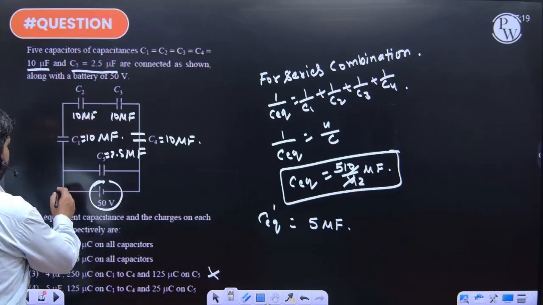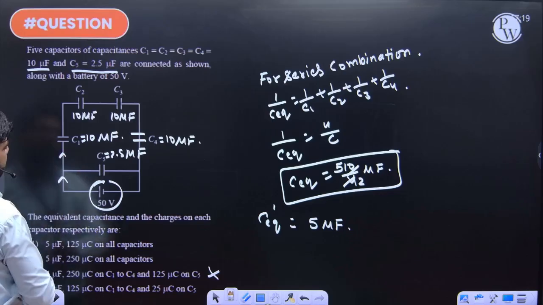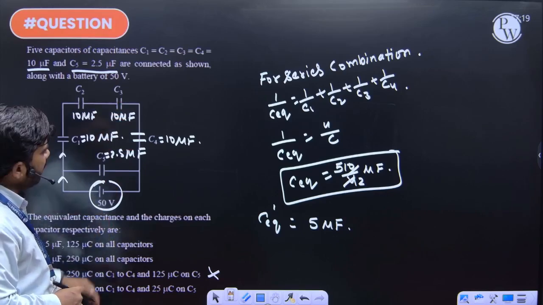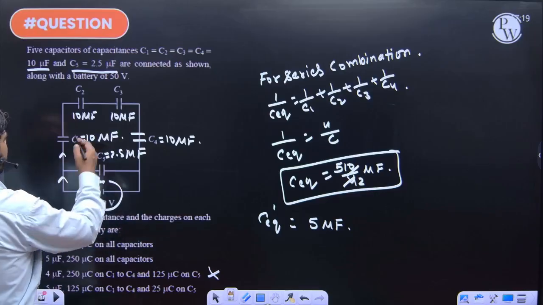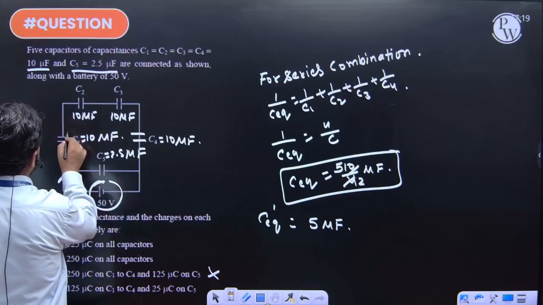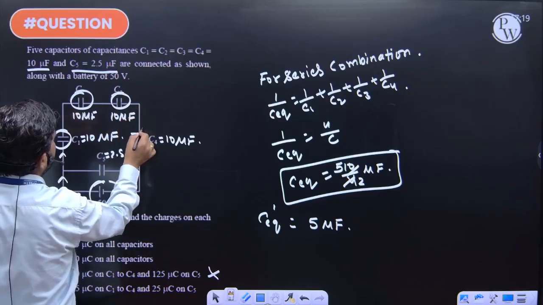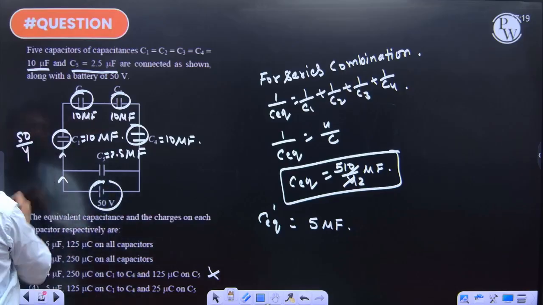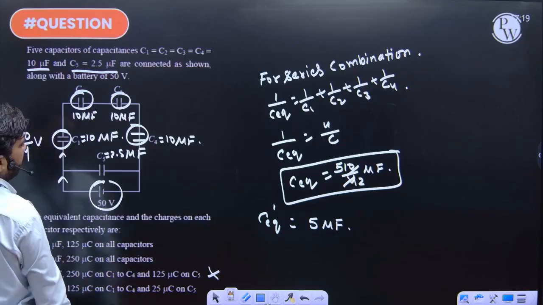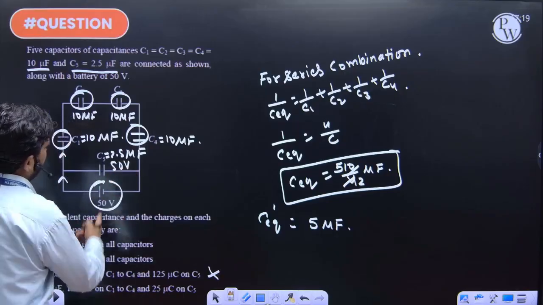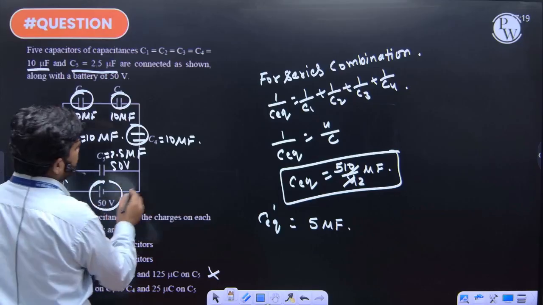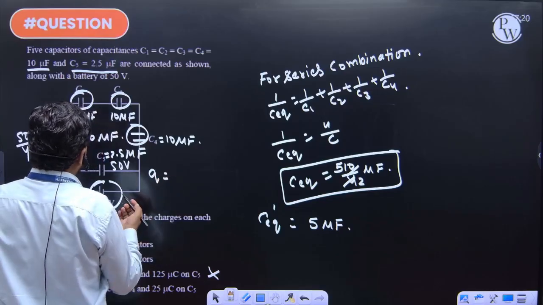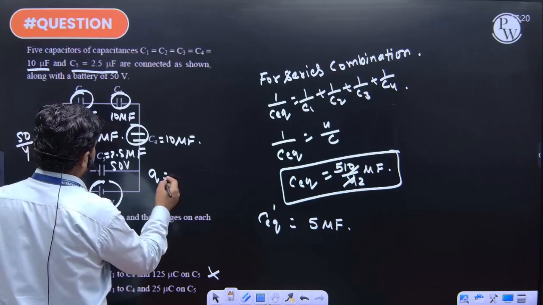Here this is a parallel combination, so voltage will remain the same. Suppose 50 volt is there, so in this case the voltage will be divided into 4 equal parts, so each one will have 50 by 4 volt, and C5 will have 50 volt. So what is the charge on C5?